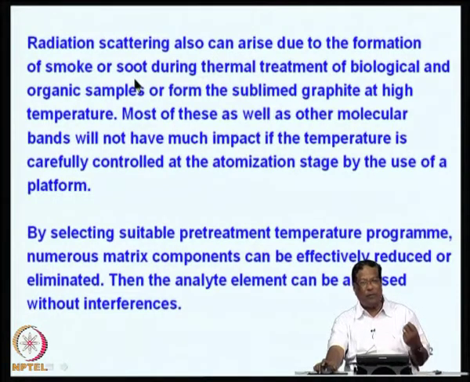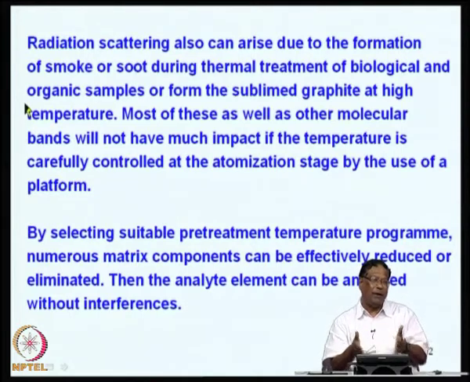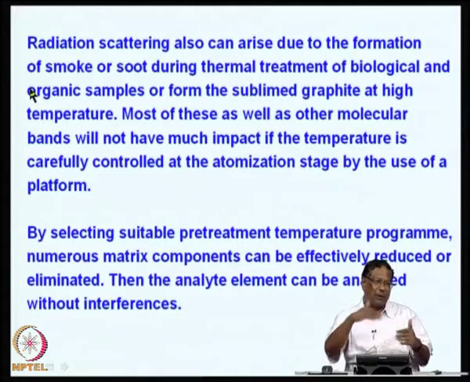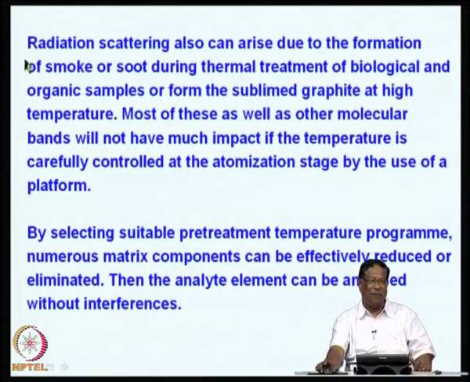These are also small particles. They can emit or absorb radiation during the thermal treatment of biological and organic samples. They may form sublimed graphite at high temperature, straight from solid into sublimed graphite. During that process, by the time they change over, there could be scattering.